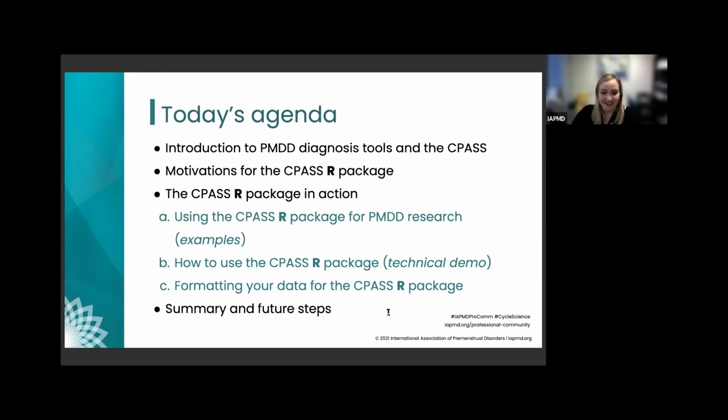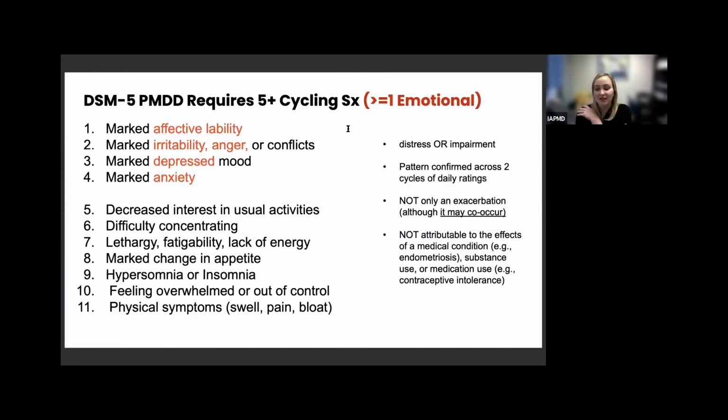All right, next slide. Okay, so I'm just going to talk briefly about PMDD. So premenstrual dysphoric disorder, the new DSM-5 2013 diagnosis in the Diagnostic and Statistical Manual of Mental Disorders. Symptoms need at least 5 of these 11 symptoms to be present in the week prior to menses, to improve with menses onset, and then to become minimal or absent in the week following menstrual bleeding.